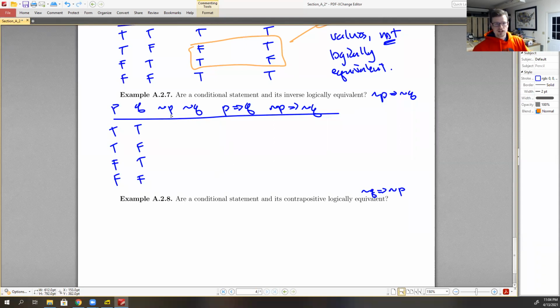We want to find the negation of P, which would be false, false, true, true. And the negation of Q, which would be false, true, false, true.